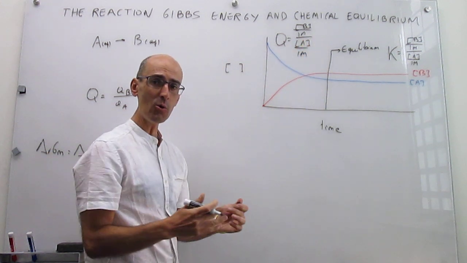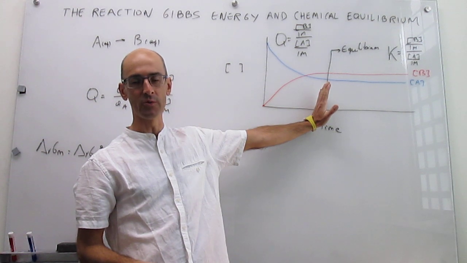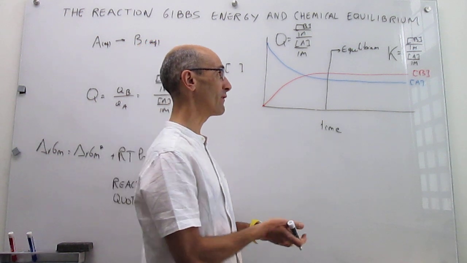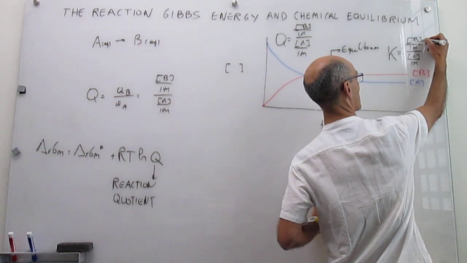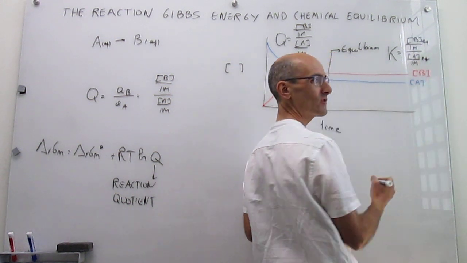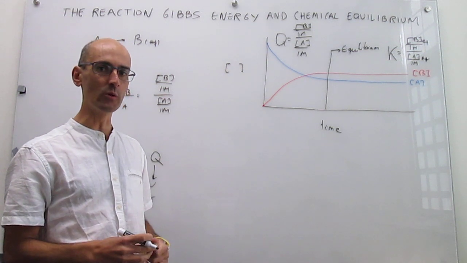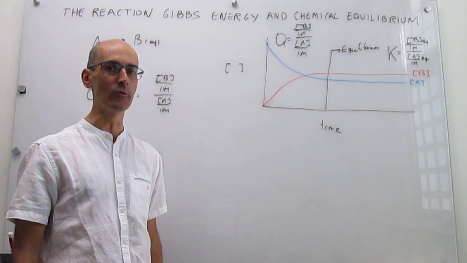And it so happens that after you reach equilibrium, the reaction quotient is identical to the equilibrium constant. So as a matter of fact, the separation between the reaction quotient and the equilibrium constant is that the reaction quotient works always, even if you're not at equilibrium, but the equilibrium constant only works once you have reached equilibrium.